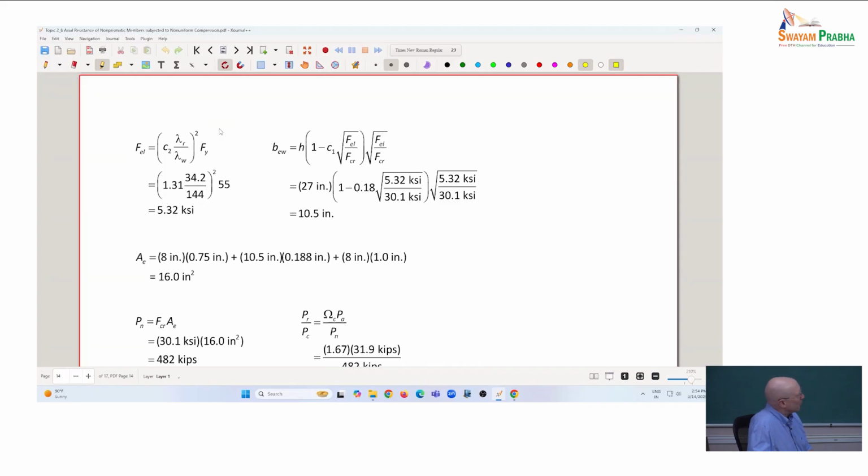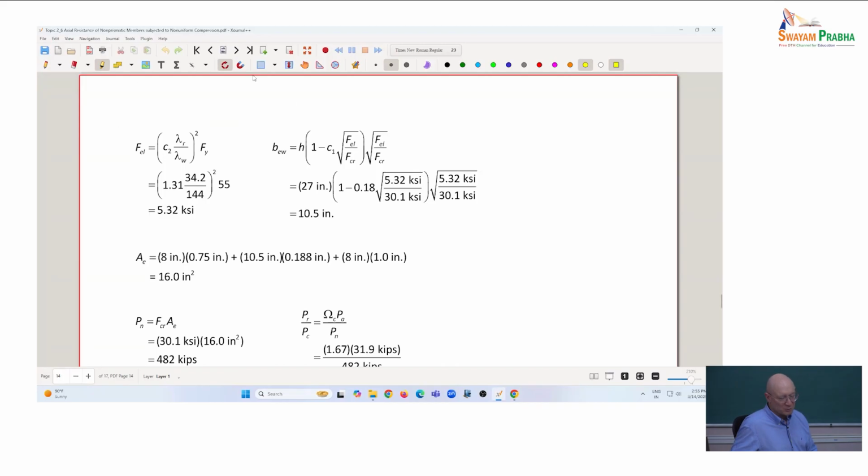Theoretical elastic buckling is at a very low stress here, 5.32 ksi, and we bring that stress into Winter's equation with a C1 of 0.18. That's our C1 for a web in an I section. And so the web effective width is 10.5.